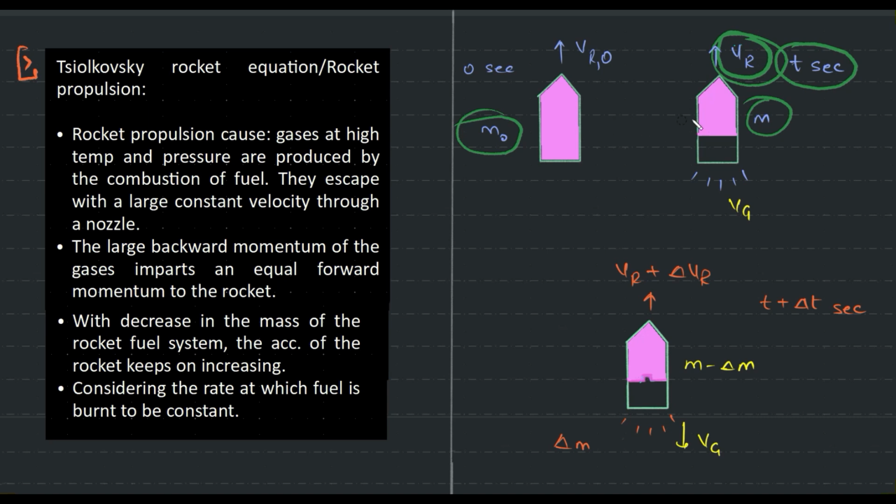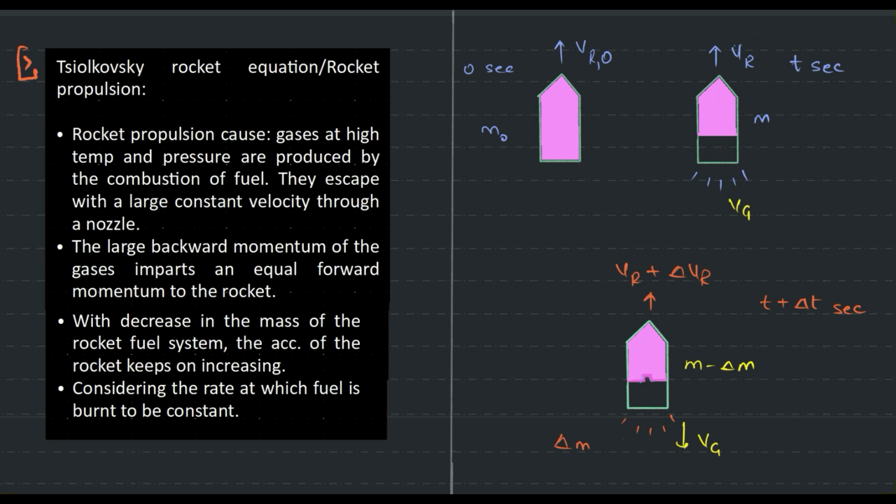So we are trying to get an expression for the velocity of the rocket by making use of how much fuel we had and how much fuel we have. Based on this set of variables and few more set of variables, we are trying to look at what is the velocity gained by the rocket. Okay, so we're trying to get an expression for VR in terms of m naught and m and t and so on and so forth.